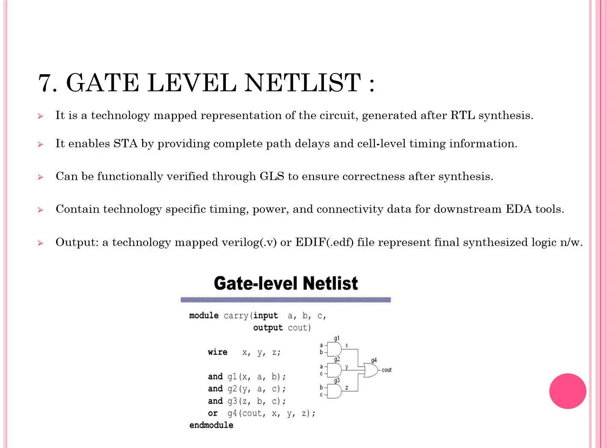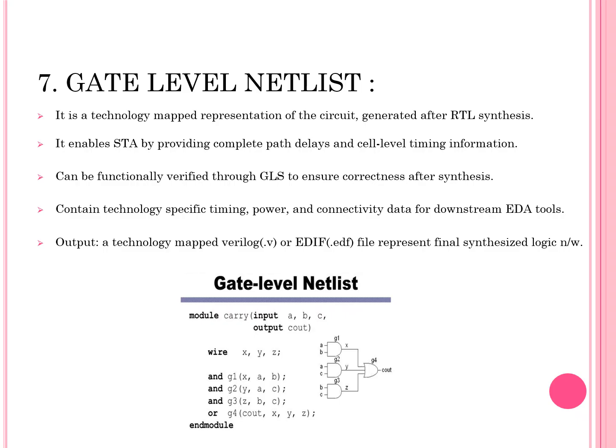The gate level netlist is a technology mapped representation of the circuit generated after RTL synthesis. It enables STA, which is static timing analysis, by providing detailed path delays and cell level timing information. It can be functionally verified through gate level simulation, which is GLS, to ensure the synthesized design still behaves correctly.